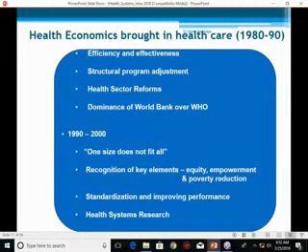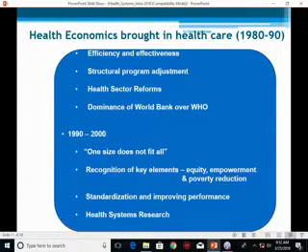Then they had to do some structural program adjustments, and from time to time brought in health sector reforms. And in those things, the World Bank and the WHO were good partners. International agencies gave direction, support and technical support.